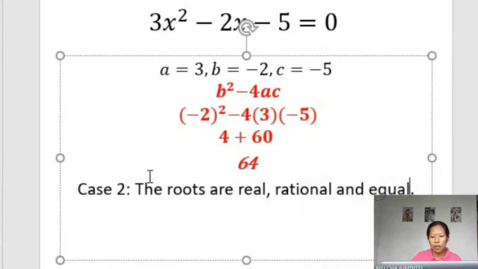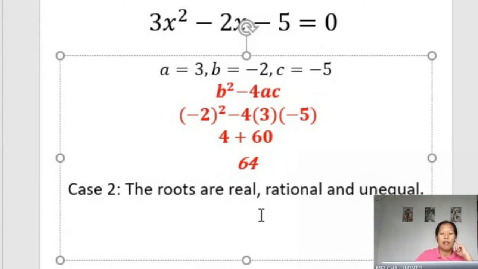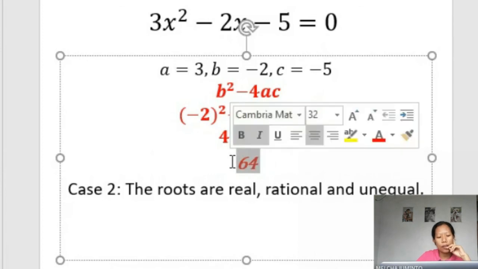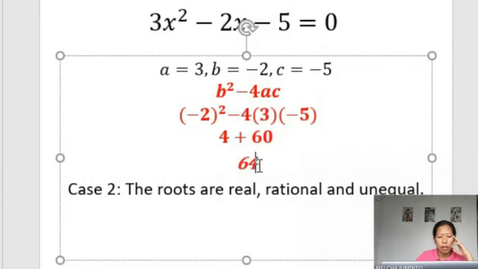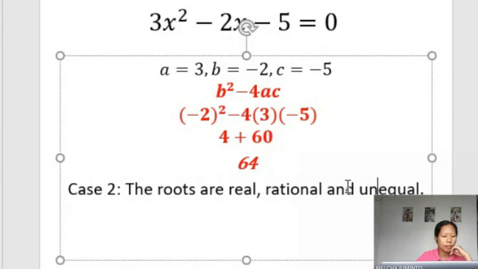So the roots are real, rational, and unequal because the discriminant is greater than 0 or a positive number and a perfect square. 64 is greater than 0 and it is also a perfect square. Therefore, the roots will be real, rational, and unequal.